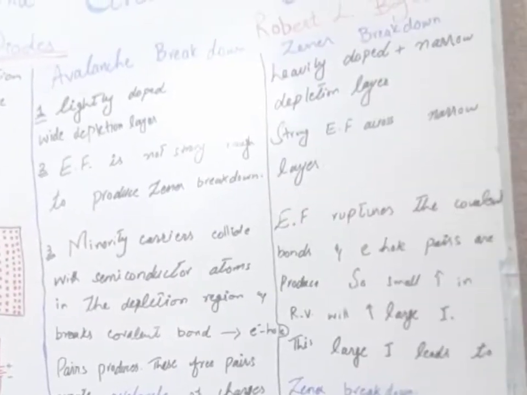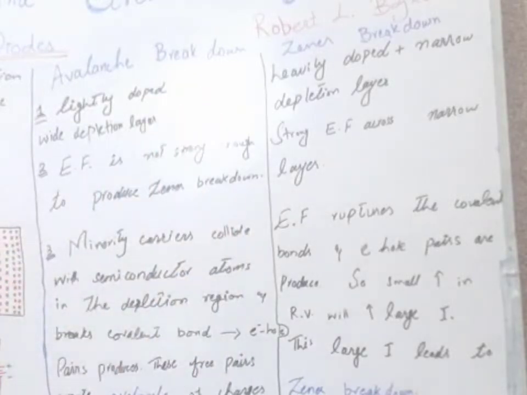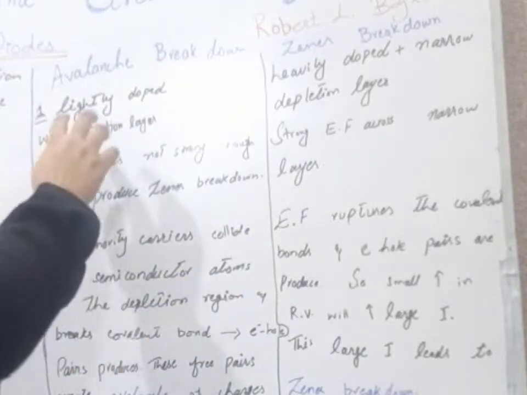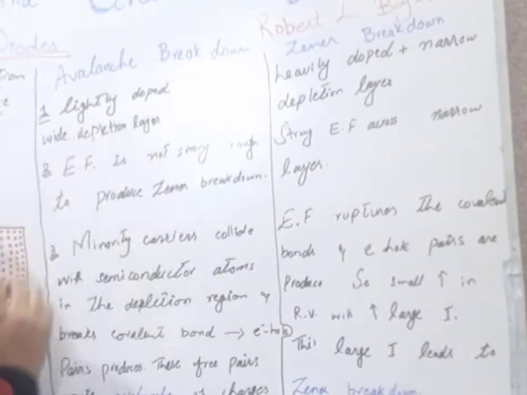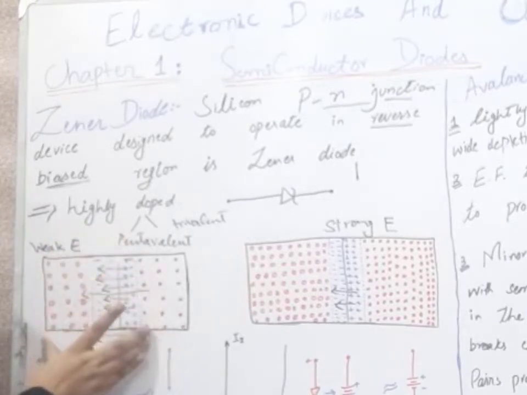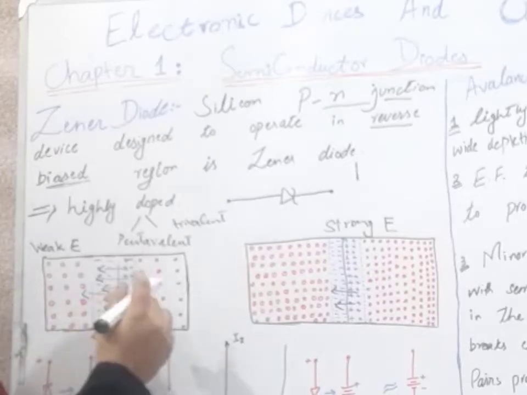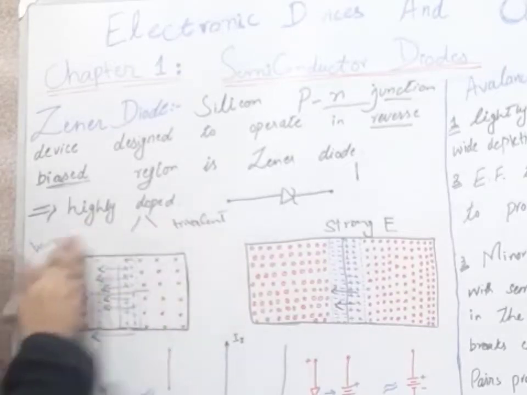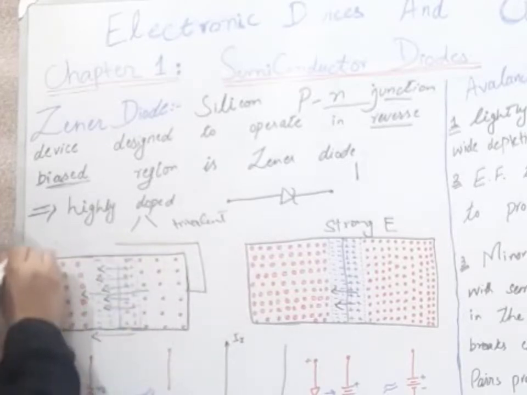Now we will discuss avalanche breakdown and Zener breakdown. A lightly doped diode has a wide depletion layer. You can see here it is the lightly doped diode and its depletion layer is wide. Let us apply the reverse biasing voltage.